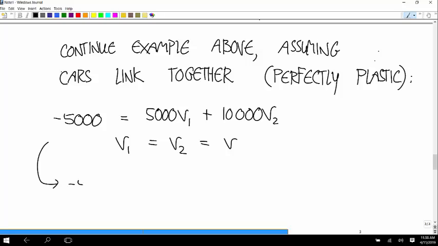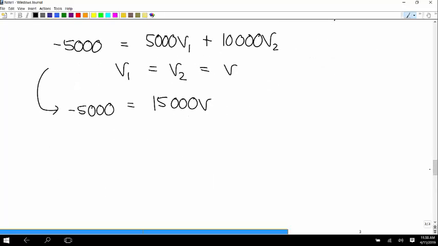And so our equation gives negative 5,000 is equal to 15,000 V. And so V is equal to negative 0.3 repeating meters per second.